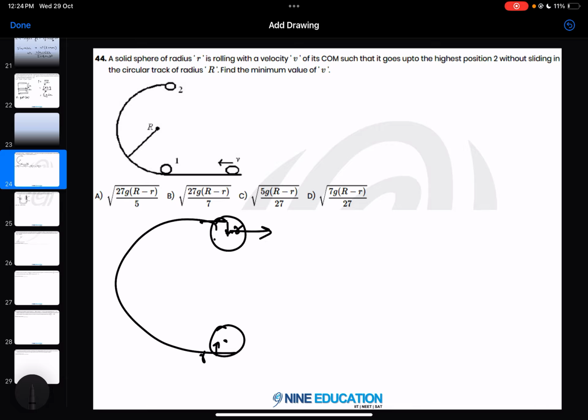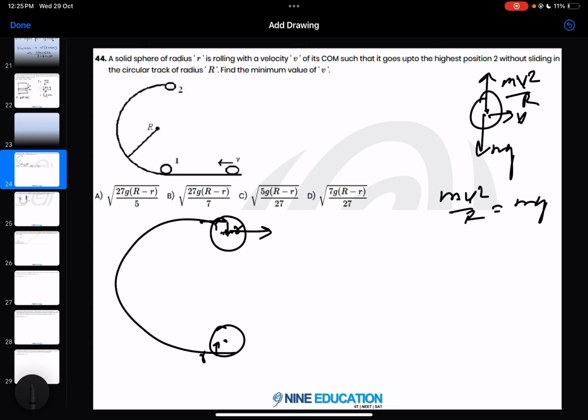See, if you look at the highest point, this one A, the forces acting are mv square by r upwards, mg downwards here. So if it just needs to make it up, mv square by r must be at least equal to mg, which means v square should be at least equal to rg. So the minimum velocity at the topmost point is root of rg.